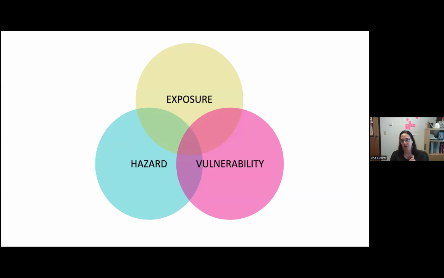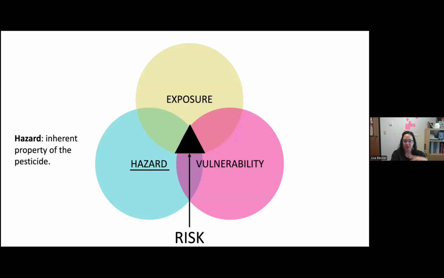In the registration process, vulnerable populations means children, other people with chronic health conditions, and also workers, people who might be applying pesticides a lot. We don't want to disproportionately impact any of those members of our community. Where all three of these things connect, that's where we get the risk, whether something is very risky or less risky. Again, hazard is the inherent property of a pesticide, its toxicity.